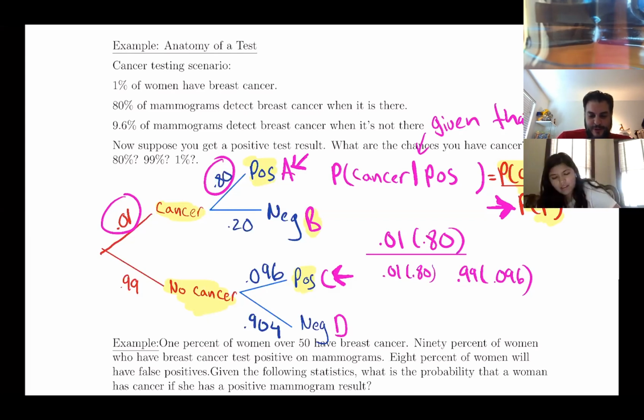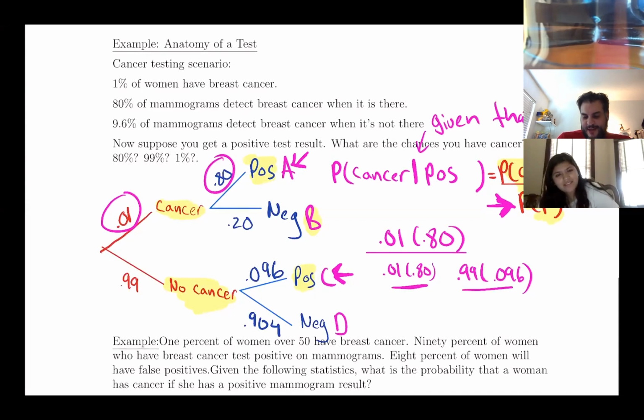Right. So what should I do with these two values in the bottom? Which sign should I put in between them? You multiply?